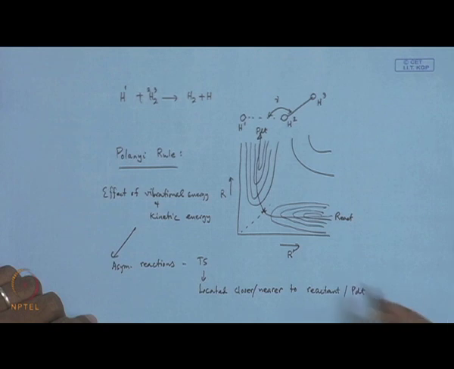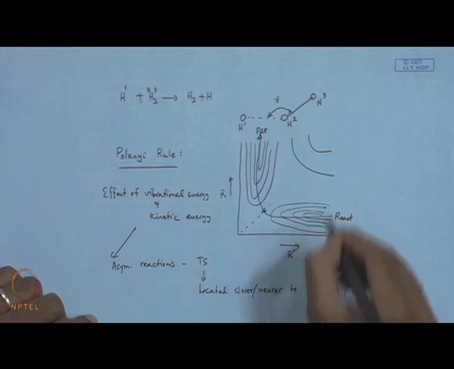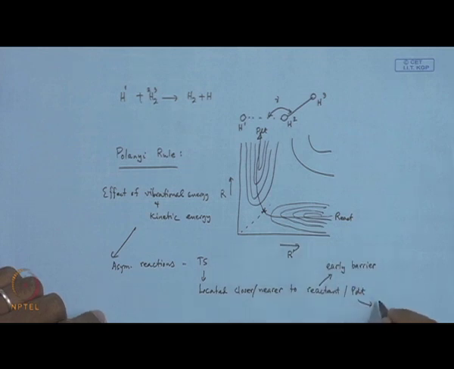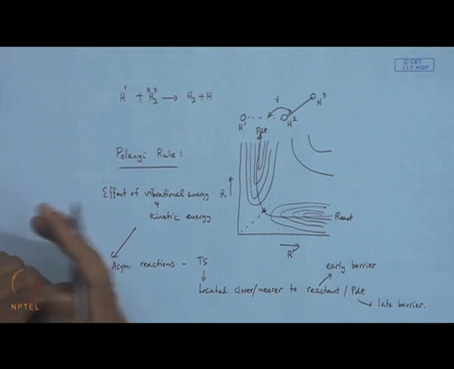If it is nearer to reactant, it is called the early barrier or early transition state, that is, the barrier is closer to your reactant side. Or if it is on the product side, it is called the late barrier.